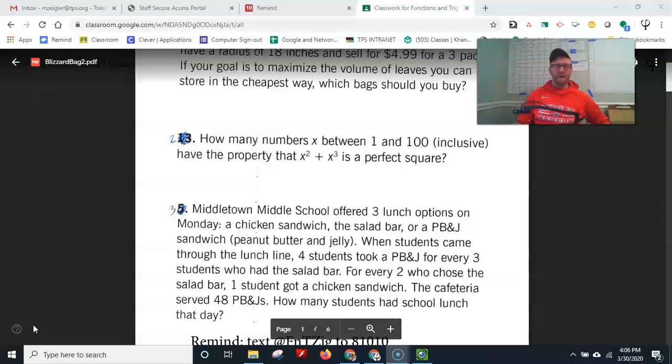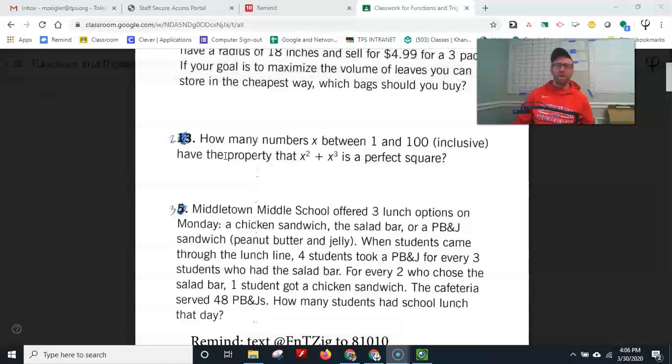Anyways, problem number 2 says, how many numbers between 1 and 100 inclusive? Inclusive means it includes 1 and 100. If you said between 1 and 100, all the numbers in between would be 2 to 99. To be clear that we also want to include the 1 and the 100, we say inclusive.